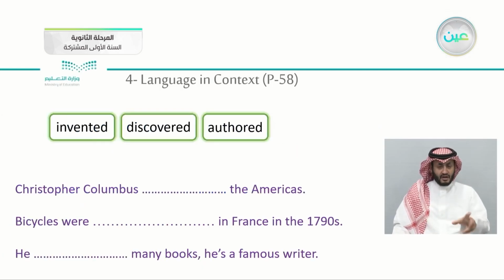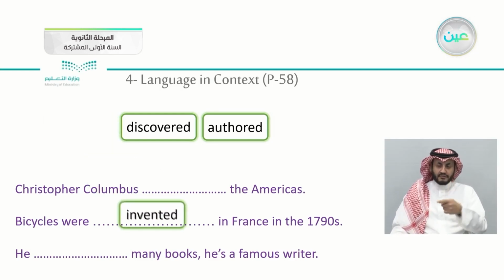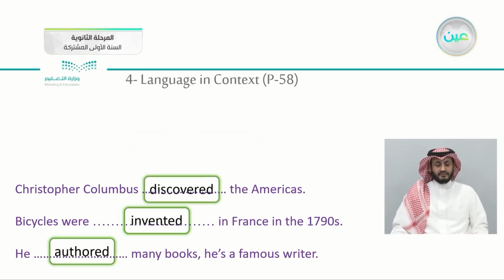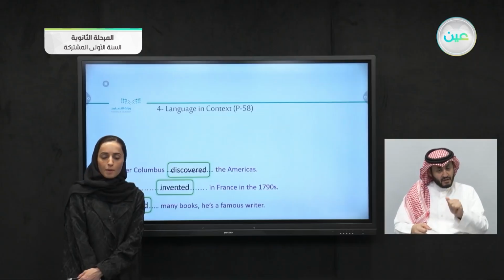So let's try to use them. Invent, discover, and we have authored. Christopher Columbus, what did he do to the Americas? He invent, discover, or author. He actually discovered. How about bicycles? They were invented. They were not there in the past.